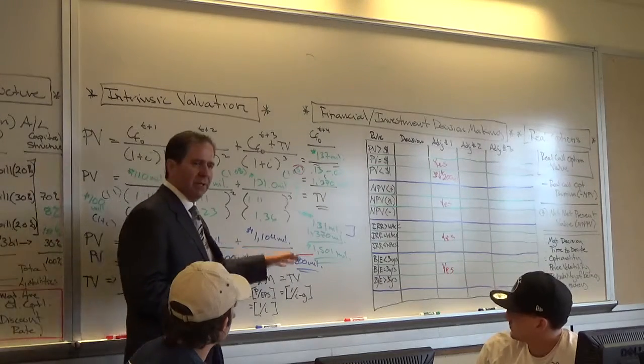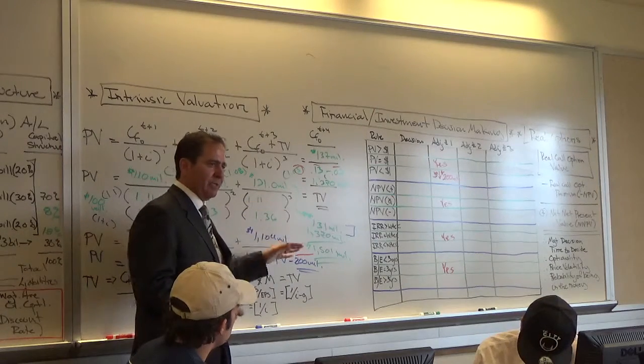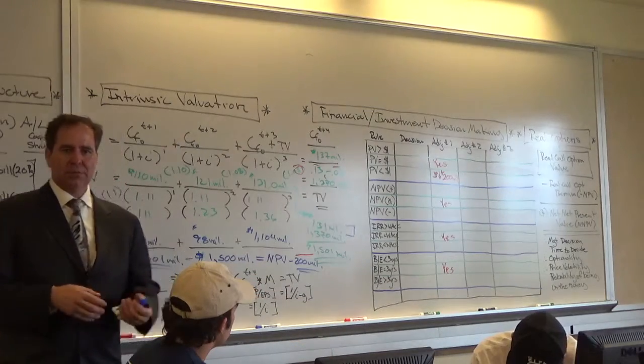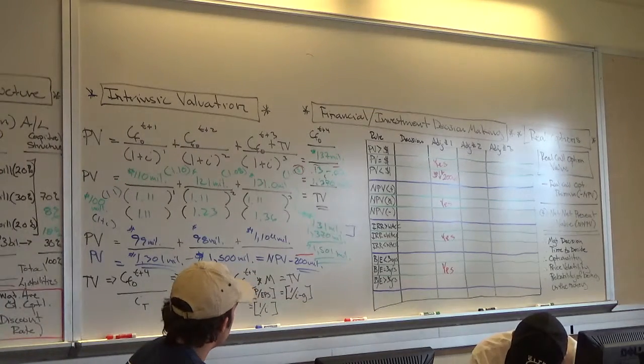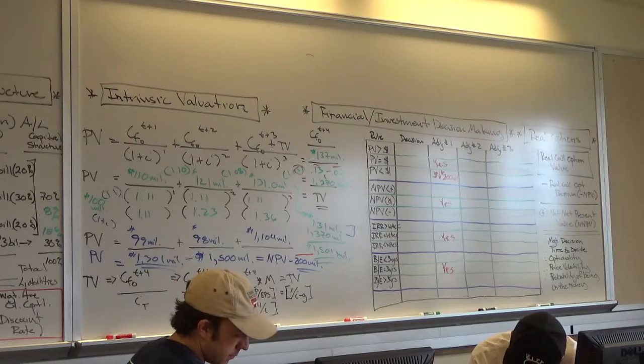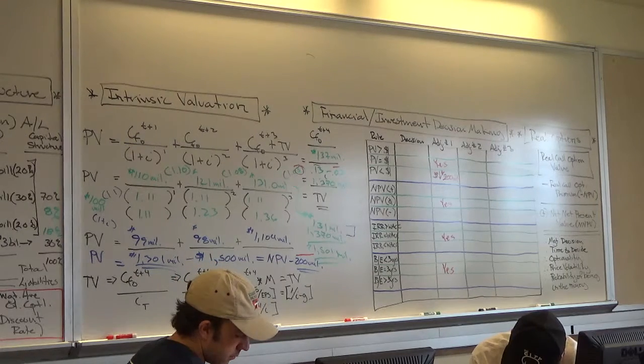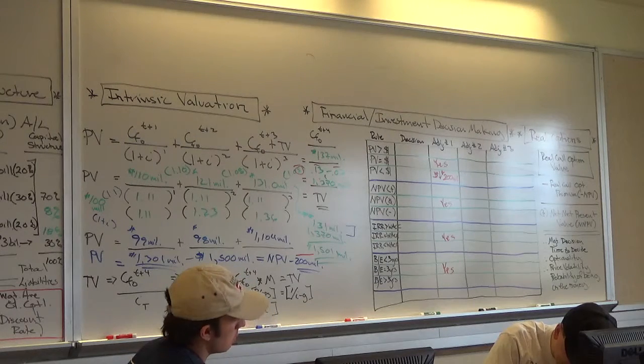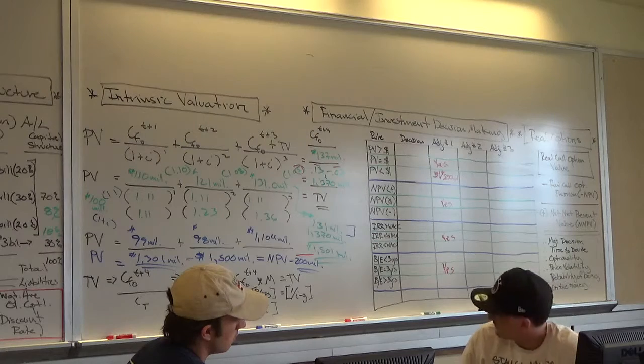I'm ending up with a negative net present value of $200 million. What do I do? What's the solution? How do we fix this? What would you do? I really want the company. What would you do?